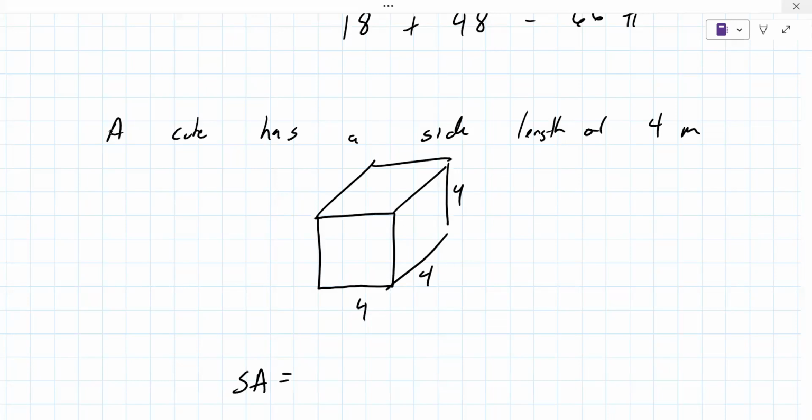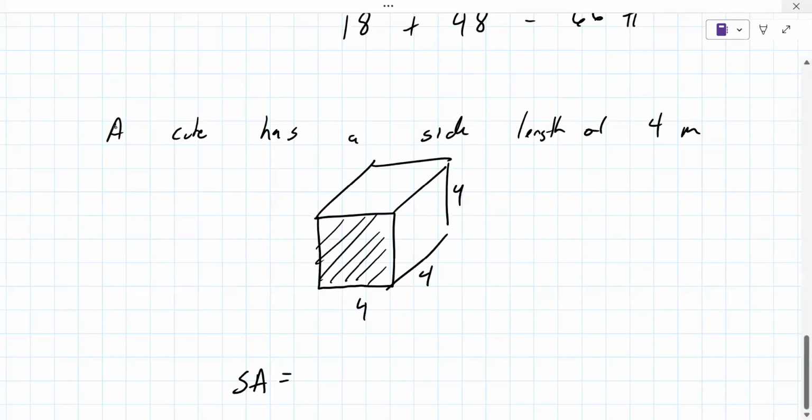So what is the area of one of these faces? 16.